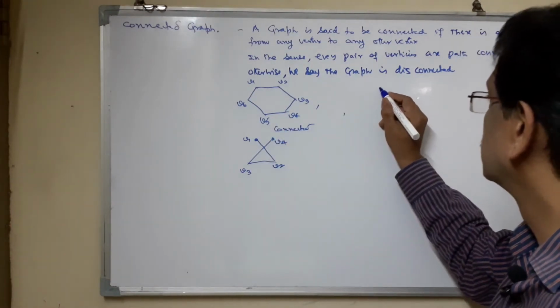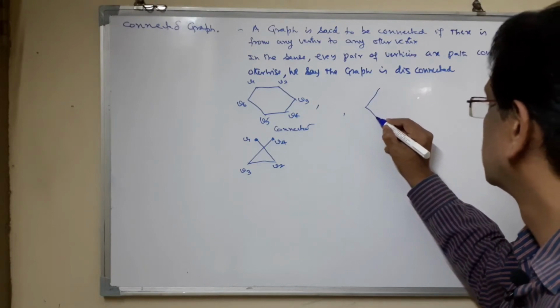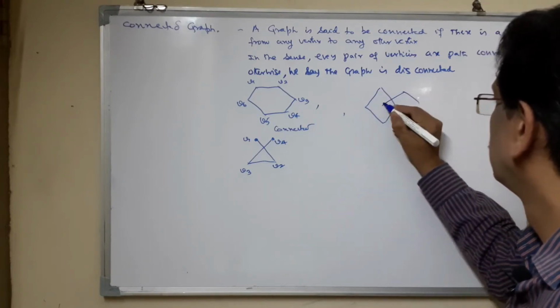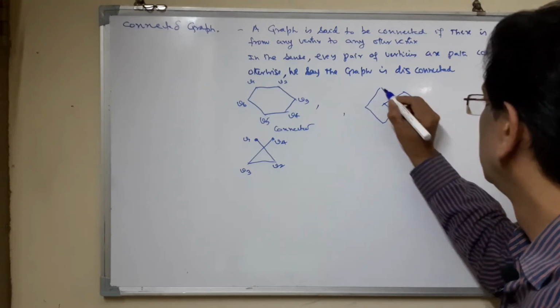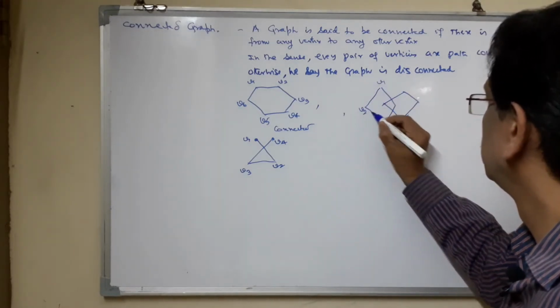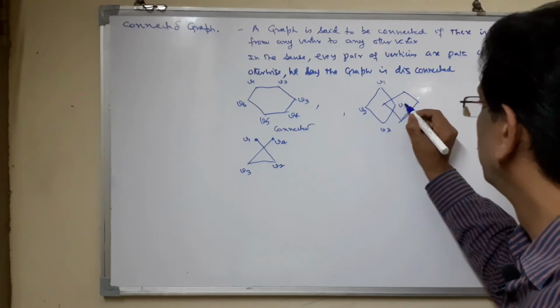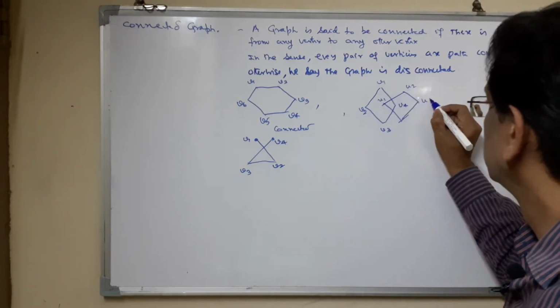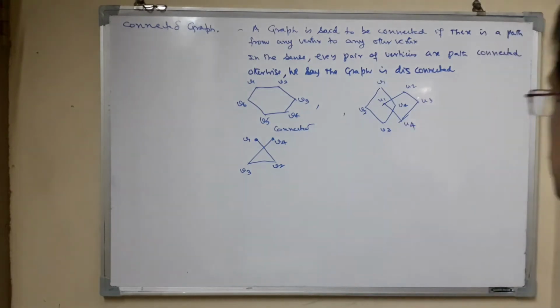Disconnected graph is, look at this. V1, V2, V3, V4. This is U1, U2, U3, U4. Now you have 8 vertices.